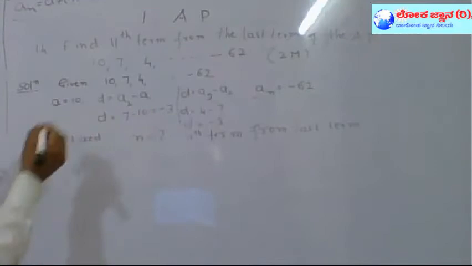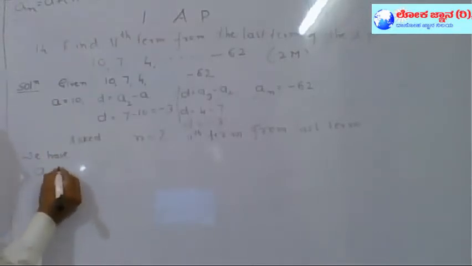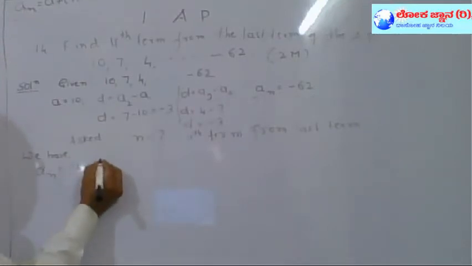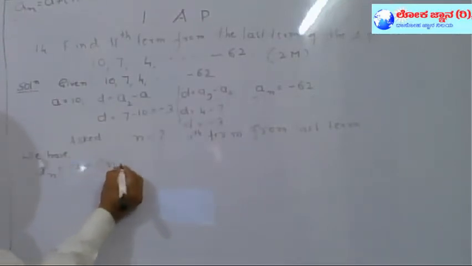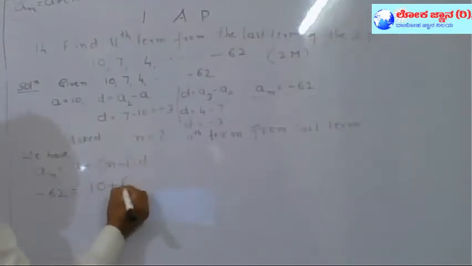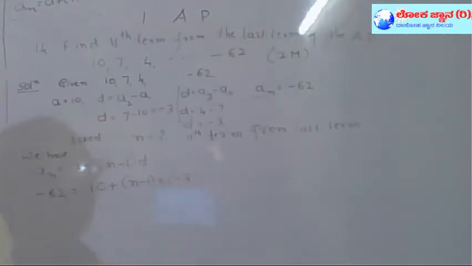We take the formula: AN is equal to A plus (N minus 1) into D. AN is minus 62, A is 10, and D is minus 3.